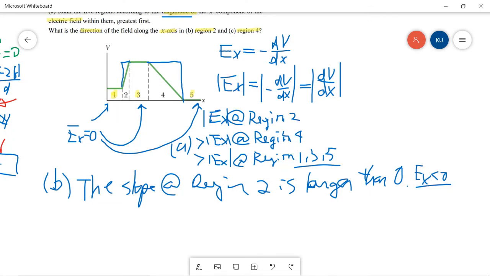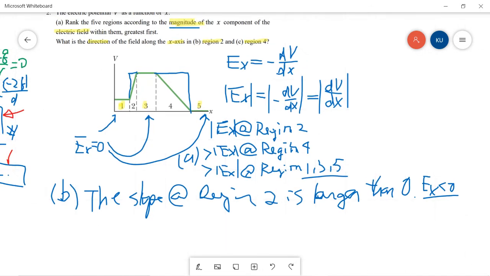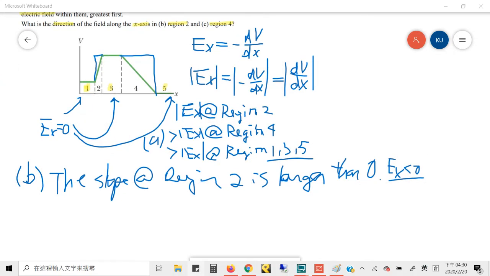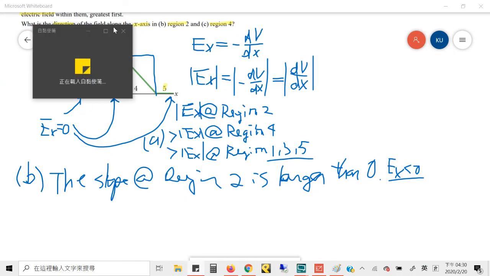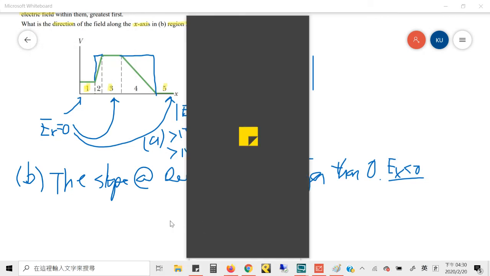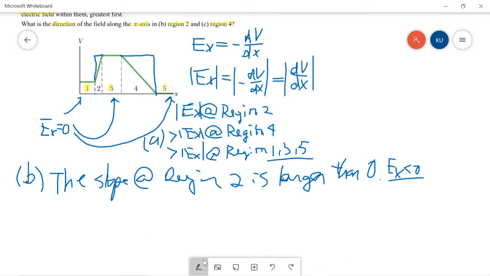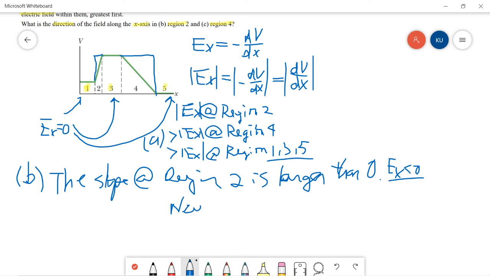So it should point to the negative x-axis.